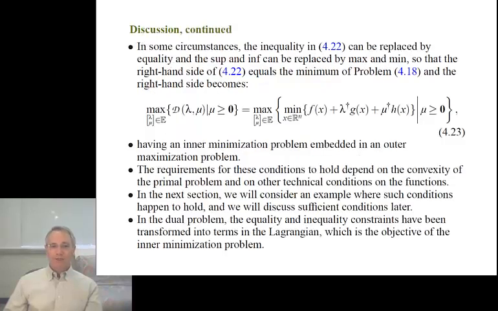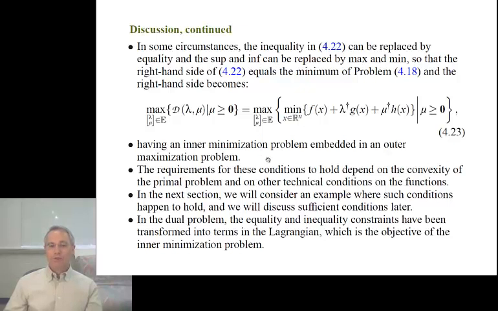In some circumstances, the inequalities are equality, and the sup and inf can be replaced by max and min. So the supremum problem becomes a maximization problem, and the inner inf problem becomes a min. So we've got an inner minimization problem embedded in an outer maximization problem.